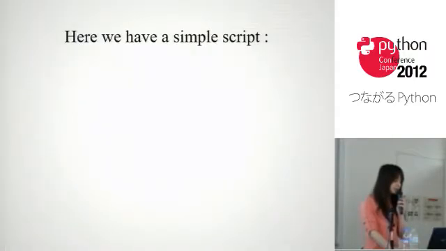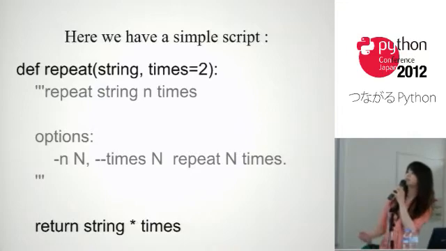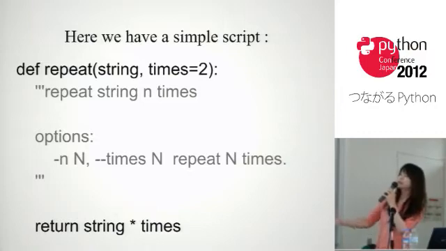Basic usage. Here we have a simple script. It's really a simple function. I define a function and it has two arguments, string and times, and it has a docstring.